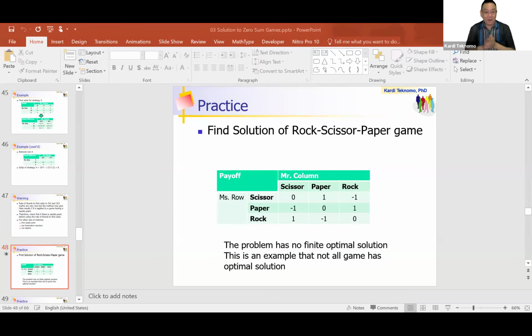Oh, okay. Can you find the solution of the rock, scissors, paper game? 3 by 3. So what is the R? Oh, I think we have two types. The one with the, anyway, this one first. The other one is non-zero sum. This one. What is the R here?